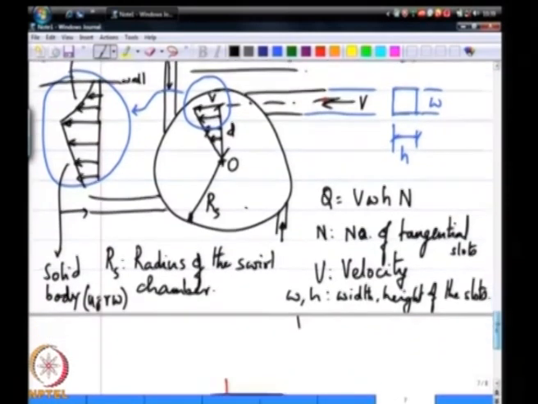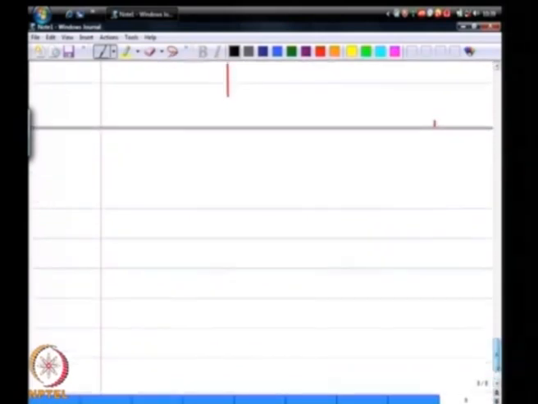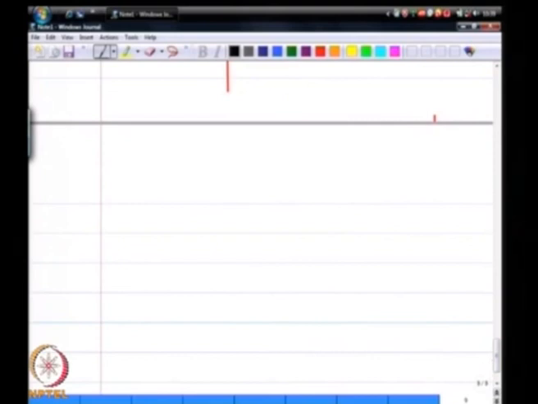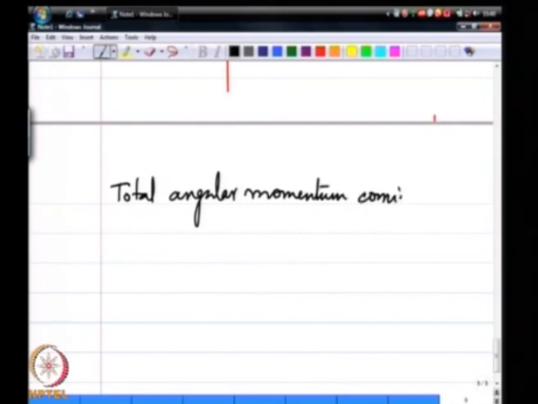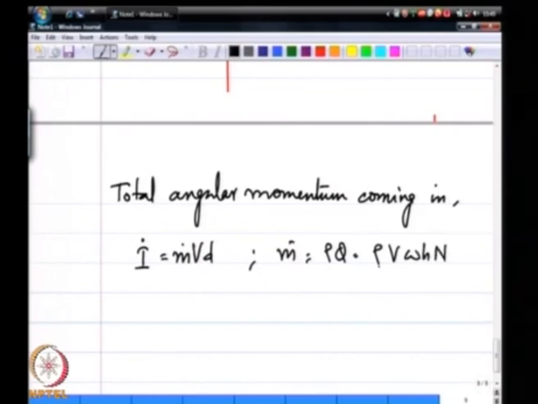So, now if you look at what this flow is doing, the total angular momentum coming in is m dot times V times D. m dot equal to rho times Q, that is equal to rho times V times W times h times n, the number of slots.